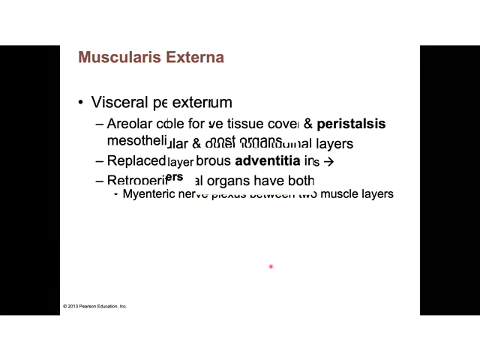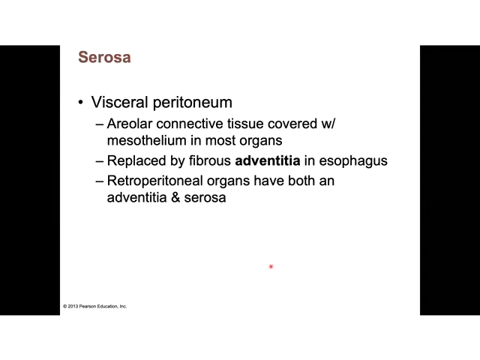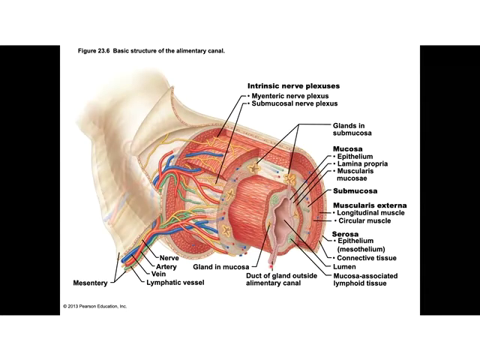It's areolar connective tissue covered with mesothelium in most organs, but it is adventitia in places like the esophagus. There are retroperitoneal organs that have both an adventitia and a serosa around them, for instance, the ureters and the kidneys, as well as the pancreas.